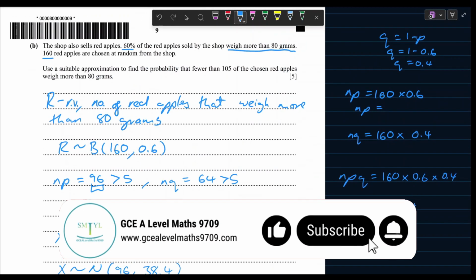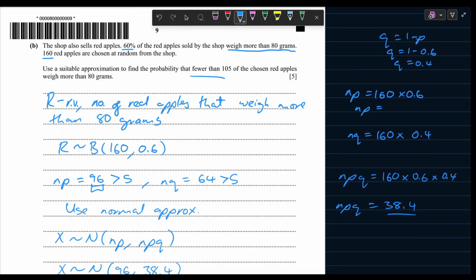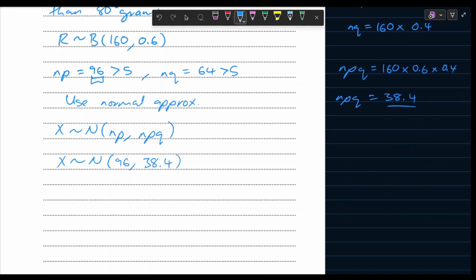And we are required to find the probability that fewer than 105, so the probability that X is less than 105. Remember that this question was defined under discrete conditions, and we have approximated to a distribution which is continuous. So we have to apply continuity correction. 105 under continuous conditions represents all values from 104.5 all the way up to 105.5.